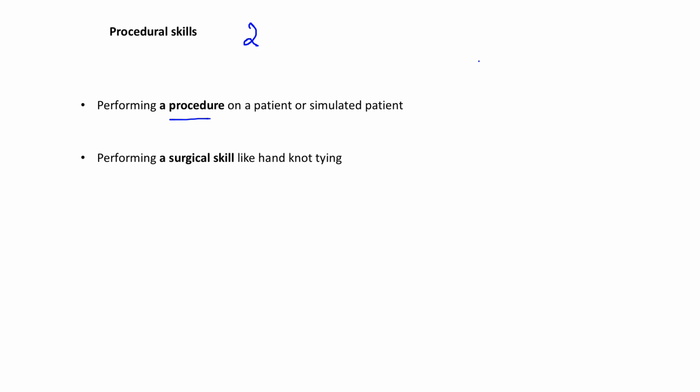And in the second station, you are assessed on a surgical skill. Surgical skill means hand knot tying or instrument knot tying, and you perform this skill in the second station. So in one station there will be a simulated patient, in the other station there may not be any patient.